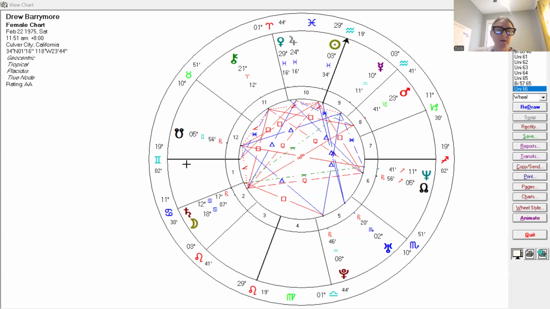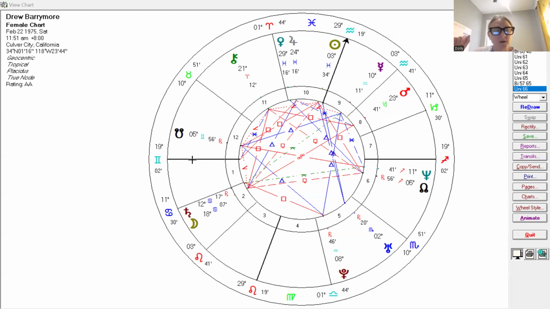So, okay, let's start with just getting you familiar with how the charts are set up. So this right here is your ascendant, this bold line right here. So Drew Barrymore is a Gemini rising. And the ascendant is really important because it sets up the rest of the chart, right?